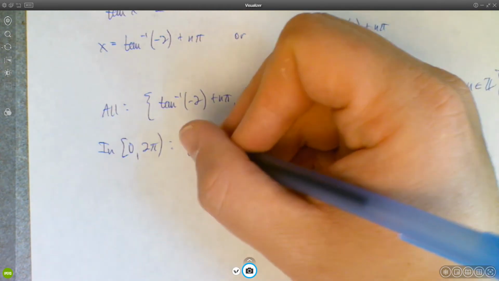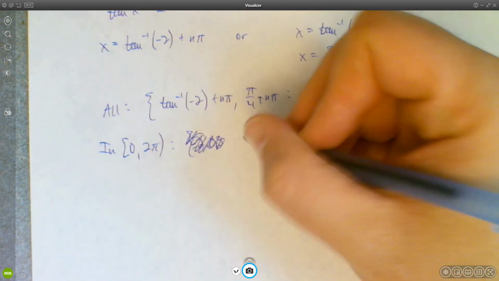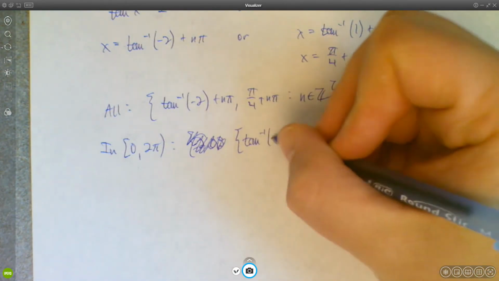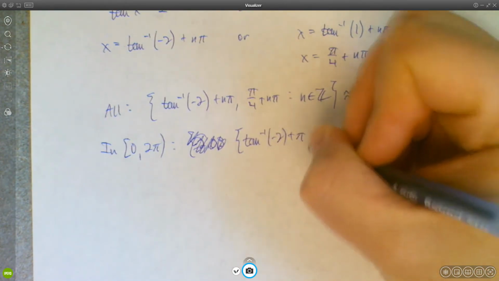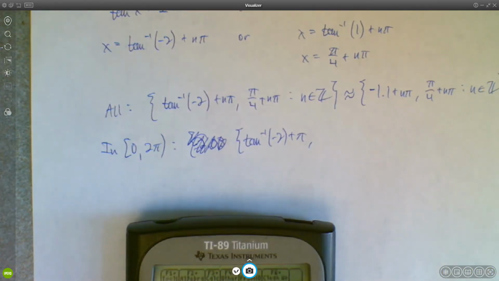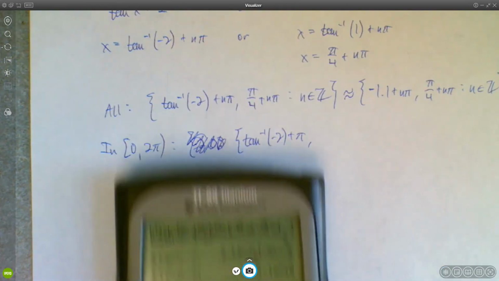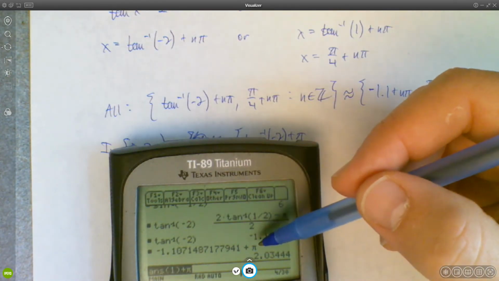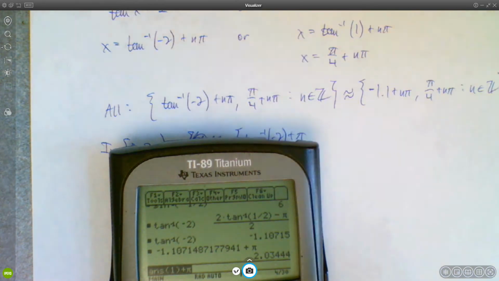Or actually, let me give you the exact values, right? So the exact values are tangent inverse of negative 2 plus pi, and then I'll give you the approximations in a second. What if we add 2 pi? Because tangent inverse of negative 2 is a negative number, when we add 2 pi, we'll get an answer that's less than 2 pi still.